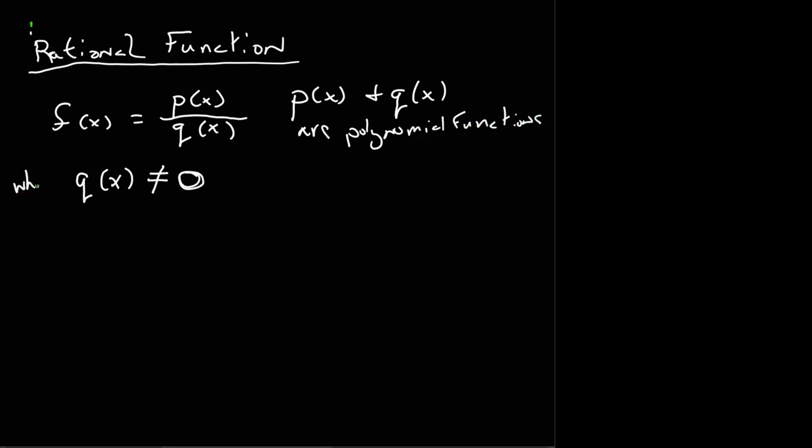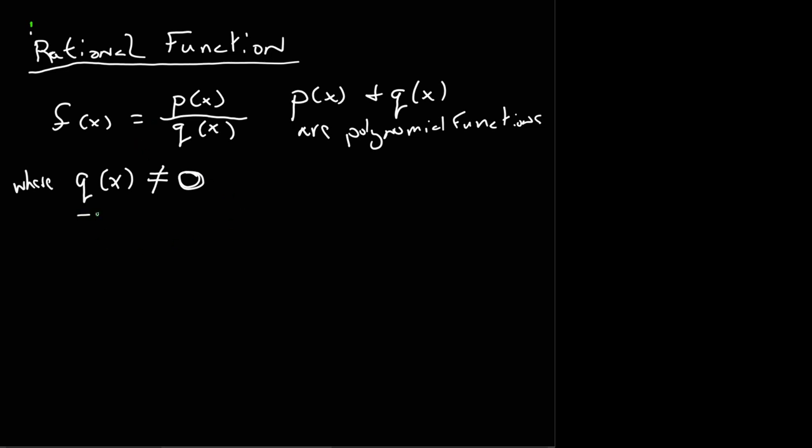Where Q of x can equal 0. So we have now made a new function that is not a polynomial. It's made out of two polynomials, and I am dividing one by the other.